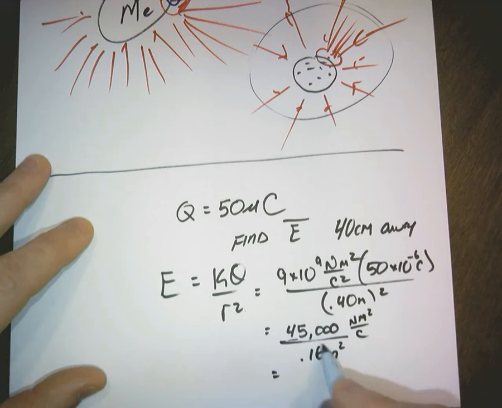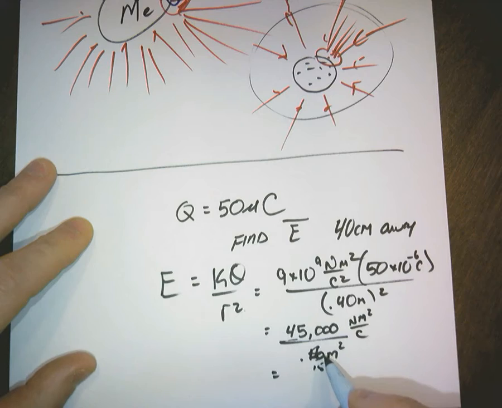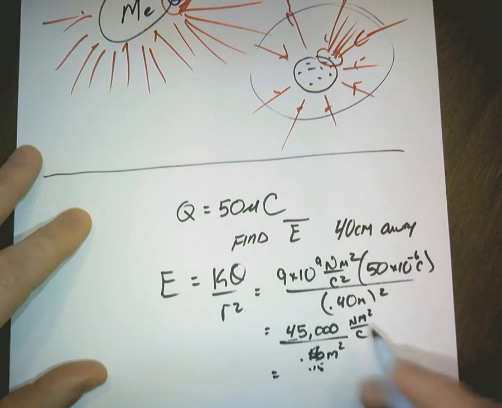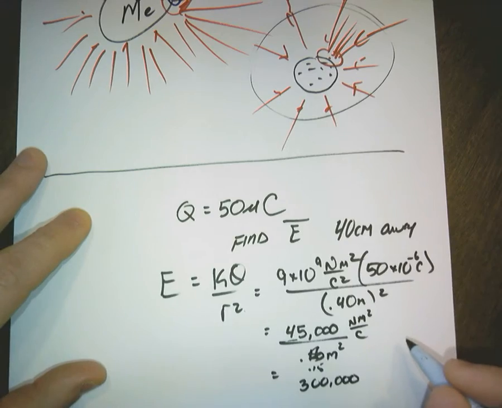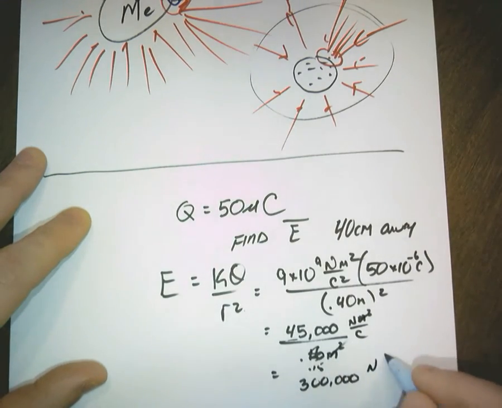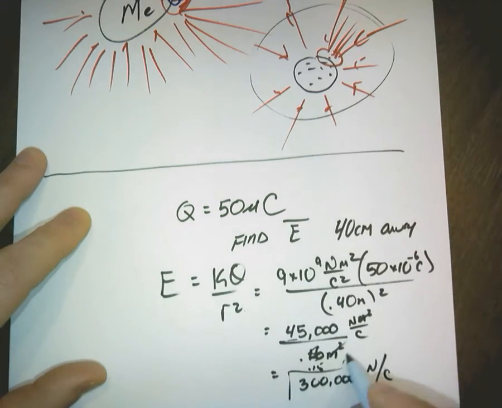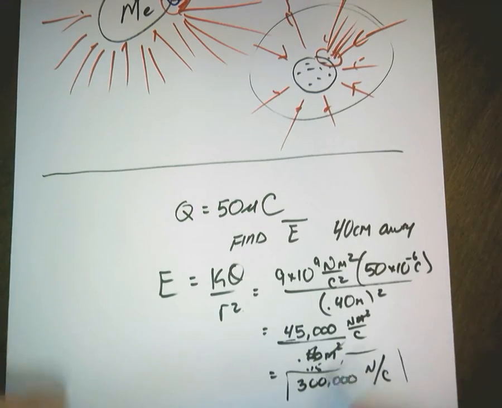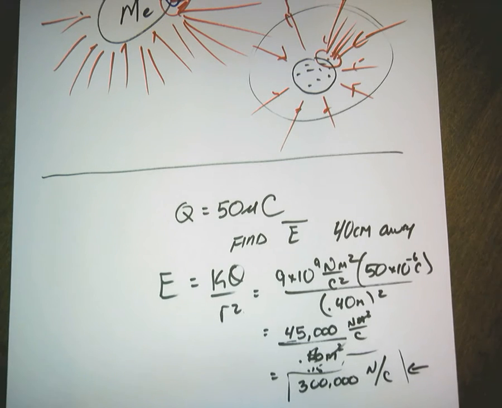I'm going to call this about 15. So 45,000 over 15 is 3. But I think because of that I have to add 2 zeros, so I'm going to be at about 3 and 5 zeros. You check me on the powers of 10 there. And look, it's newtons per coulomb. It's 45,000 over 0.16, and I'm just kind of guessing there. Yeah, that's pretty much it.